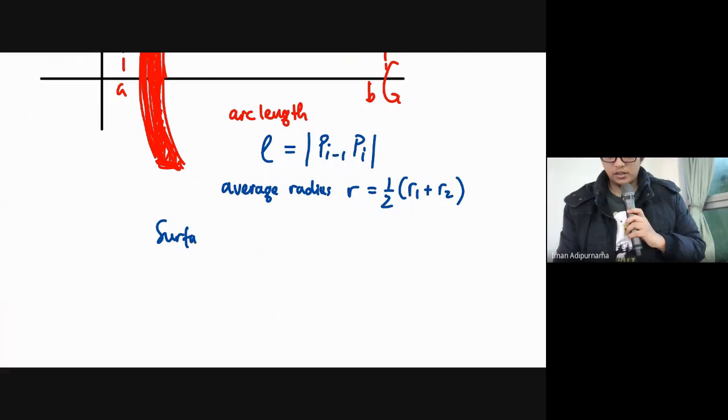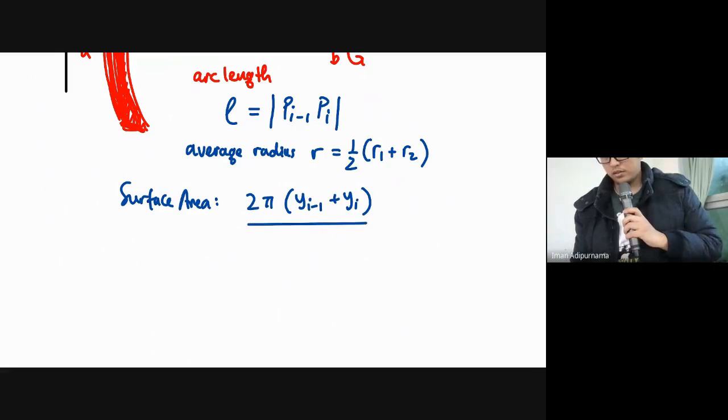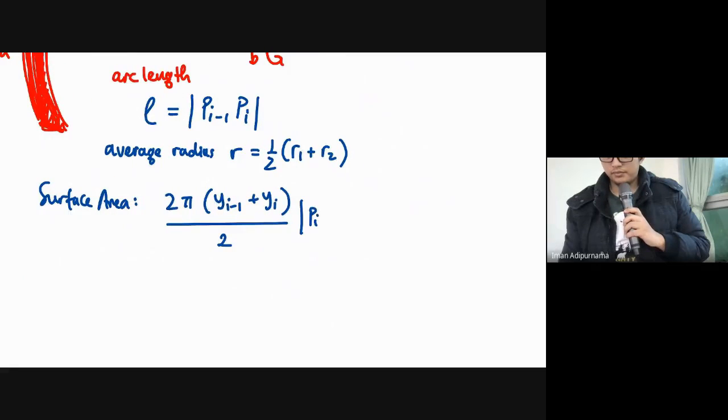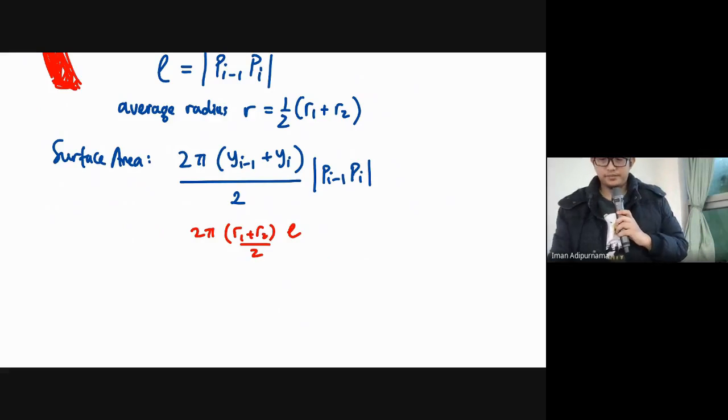And the surface area, as we did before, let me write in terms of 2 pi, divided by 2 and the L. So this is actually 2 pi R L. Or let me write this is R, okay, from here.